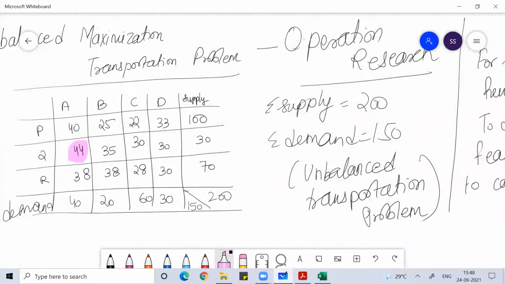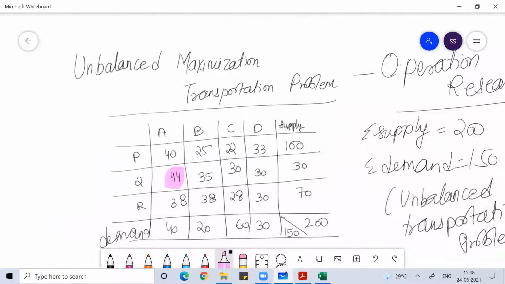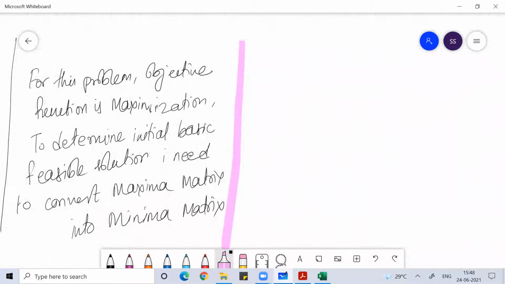That is the way we follow to convert this maxima matrix problem into a minima matrix problem. So here the maximum element is 44, and I'll subtract all the elements of this matrix from 44.